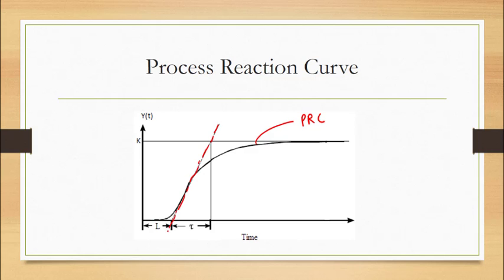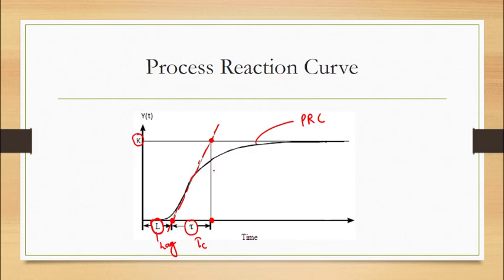Where this tangent intersects the time axis, this duration is known as the lag in the system, L. The same tangent also intersects the steady state value, at the K point, and we note this time duration. The difference between this time and the lag is the time constant of the system, Tc.